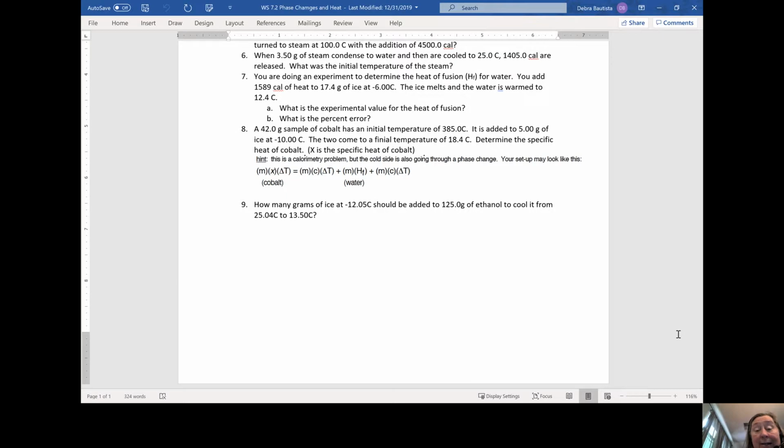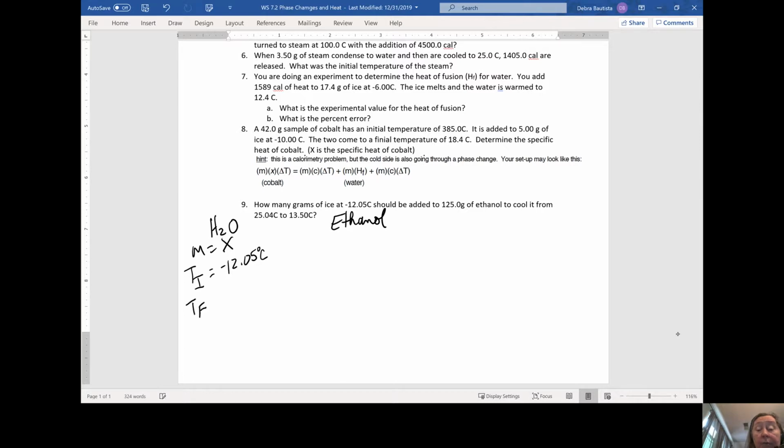So I'm going to start with a data table. I have two things: water and ethanol. The mass I have for water is my unknown. The temperature initial for the water is going to be negative 12.05 degrees Celsius.